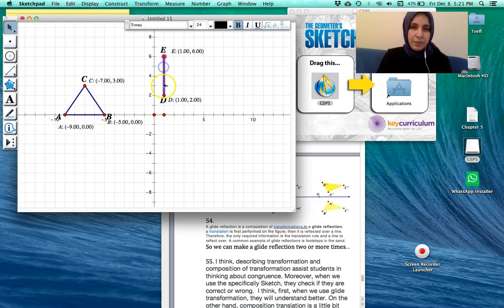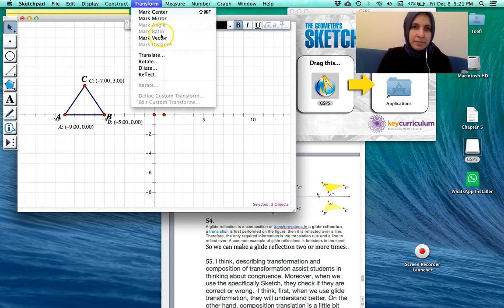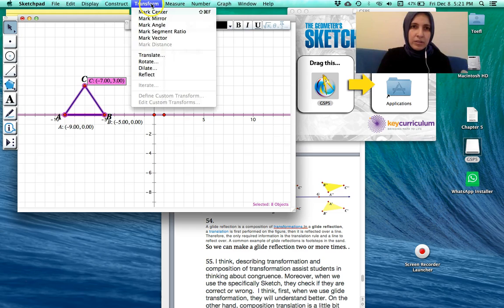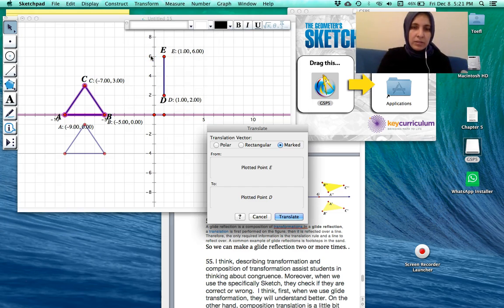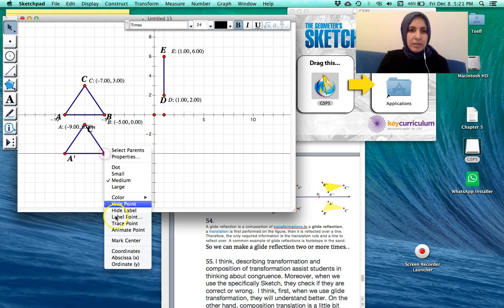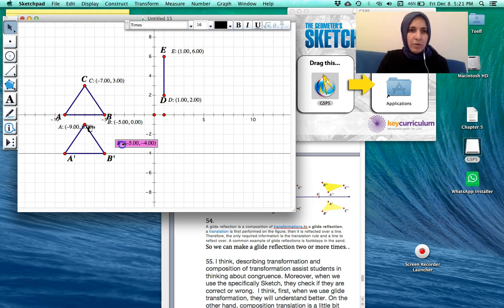First of all, I need to mark it as a vector and then pick the triangle and translate. Yes, translate triangle ABC by the line DE, and then I got it, and let's label this one like this, and then I also need to find the coordinates of this.